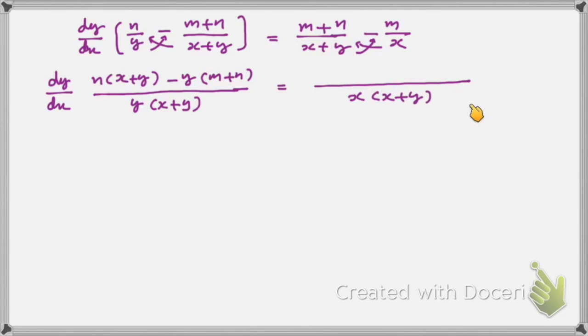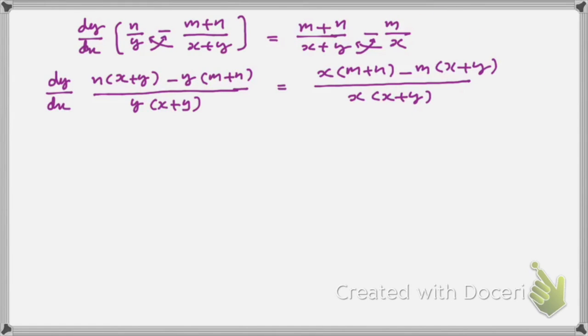The LCM is x into x plus y, and you cross multiply, x will go up like that. So x into m plus n minus m into this x plus y goes to the other side, minus m into x plus y. Look at that, x into m plus n minus m into x plus y.